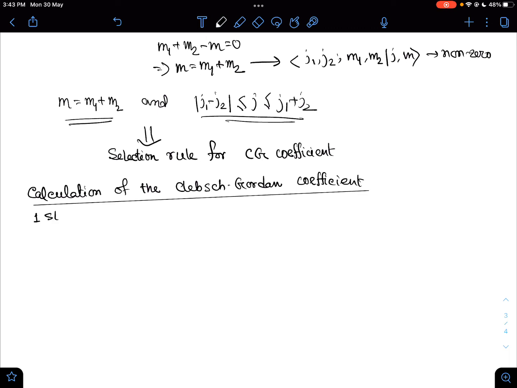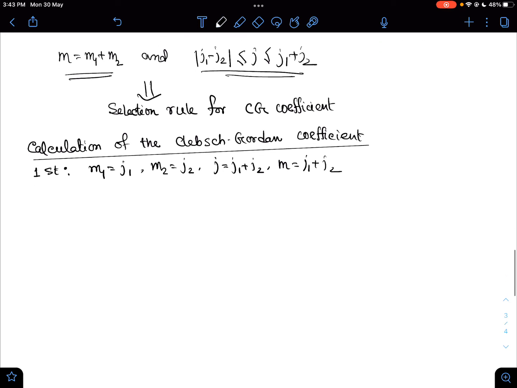The first limiting case is we have M1 value to be J1, M2 value to be J2, J have value J1 plus J2, and M have value J1 plus J2.